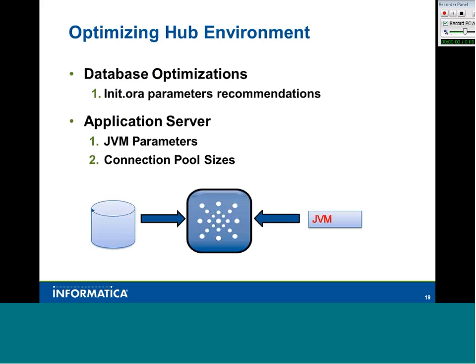So MDM Hub, as we've seen in some of the slides before, we've got database optimization and the application server. On the database, we've got some recommended Oracle parameters. And then on the application server side, we've got JVM and connection pool sizes.